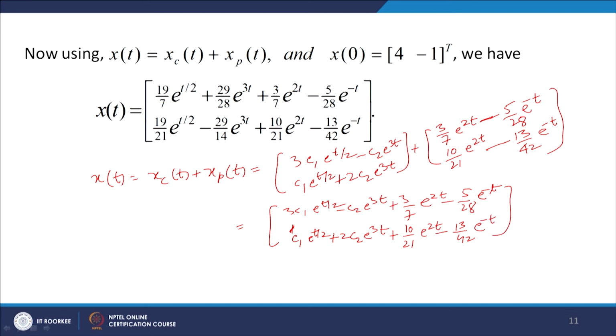So this is the general solution of dx/dt equal to Ax plus f(t). This is the general solution of this.